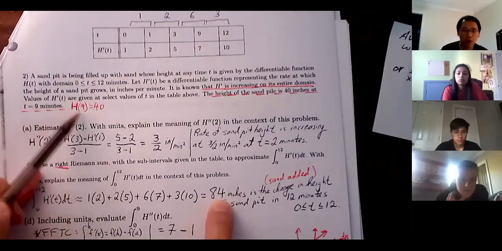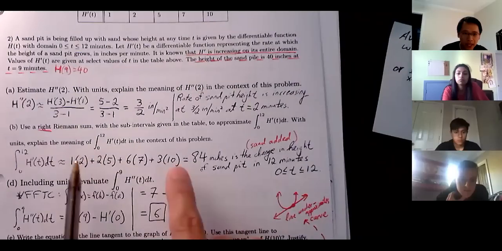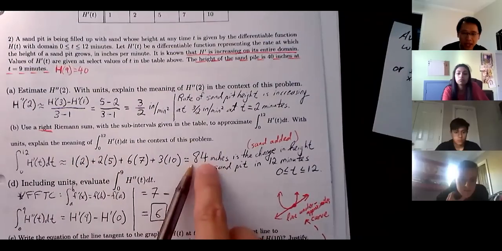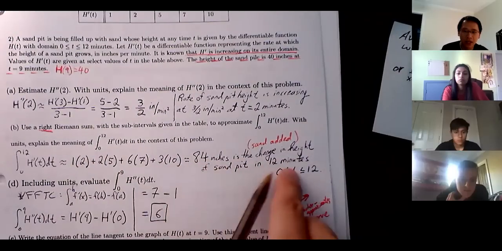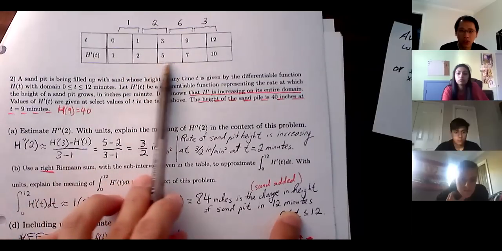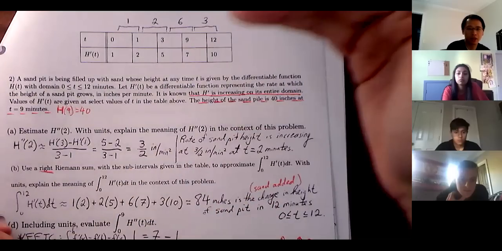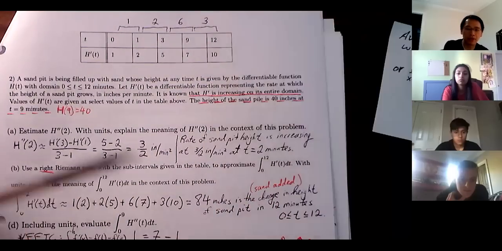Because we can work backwards from this h of 9, but we want to make sure that we understand this 84 inches doesn't represent the height, it's the change in height in the 12 minutes. Because here it's going to start off at some height, but then over the course, it's going to keep rising from that starting height, and it's going to increase by 84 inches.